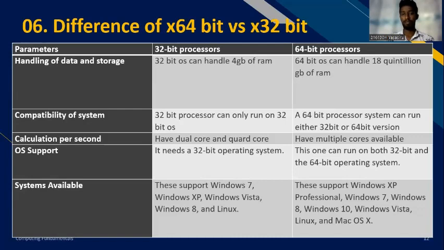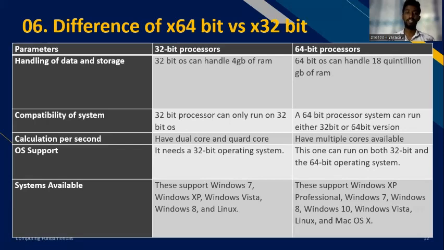Another difference between 32-bit and 64-bit processors is the number of calculations per second they can perform, which affects the speed at which they can complete tasks. Let's consider some differences between 32-bit and 64-bit operating systems. First one is handling of data and storage.